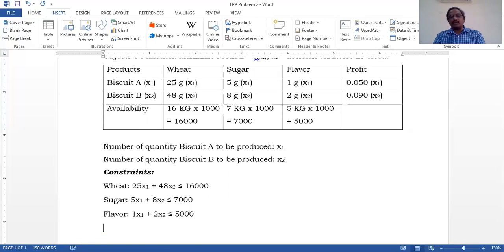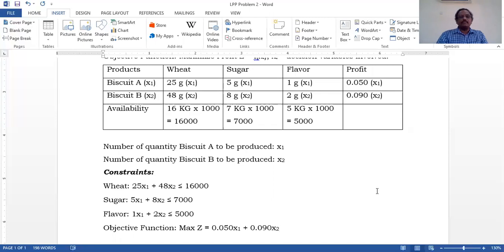Next, we are going to check the objective function. Our objective function depends on the profit. So maximize profit is equal to 0.050x1 plus 0.090x2.